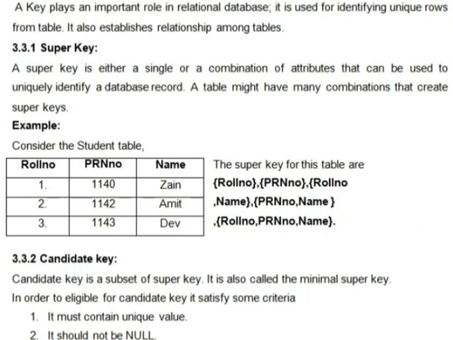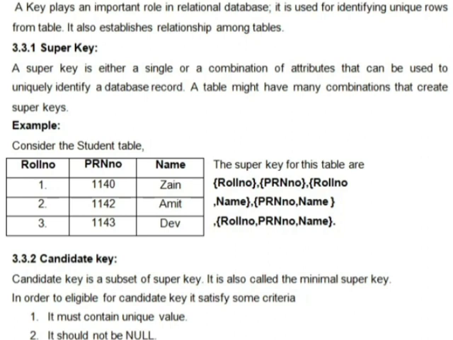So the set of super keys can be one key alone, a pair, or more than two keys. Like roll number and PRN number can be used as a single key, roll number and name, PRN number and name can be used as a pair, and if we want, roll number, PRN number and name can be used collectively as a super key.